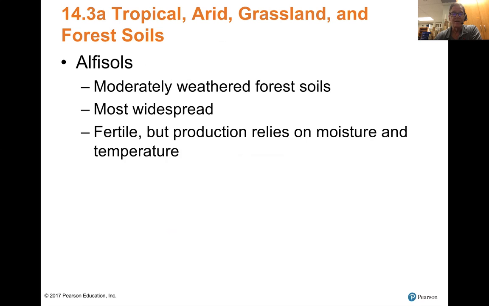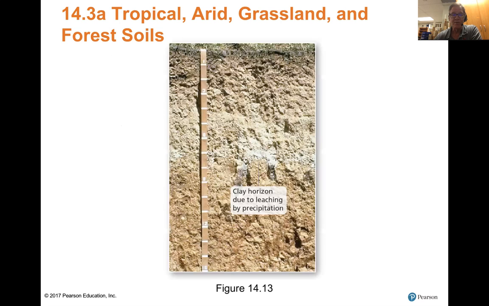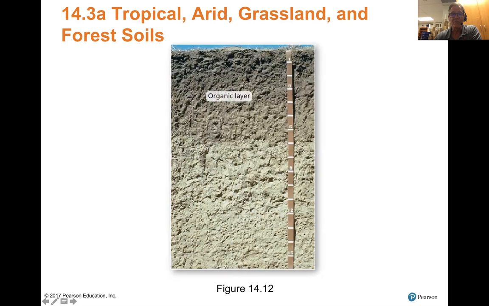Alpha soils, they're weathered forest soils, very widespread and very fertile, but again, it depends on the moisture and the temperature. You're going to get a clay horizon with those because of leaching by precipitation. Now compare this, see how shallow this is compared to the organic layer here.